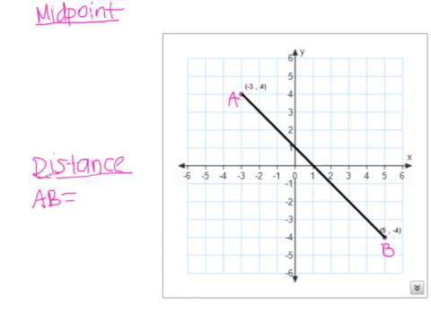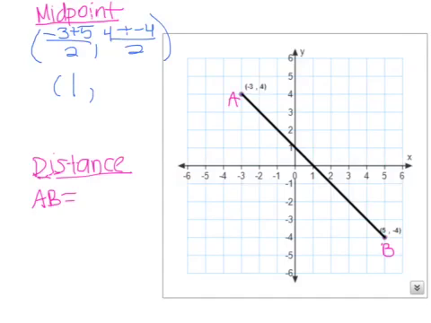In order to find the midpoint, we have to first find the average of the x-coordinates and then the average of the y-coordinates. So, if A has x1, y1, and B has x2, y2, we would do -3 plus 5 over 2 and 4 plus -4 over 2. -3 plus 5 gives you 2, divided by 2 gives you 1. 4 plus -4 is 0, divided by 2 is 0.